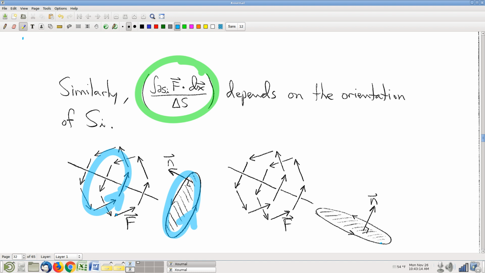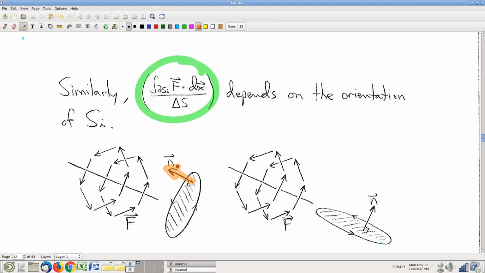That's a hard thing to get our hands on. It turns out a much easier thing is the normal orientation vector of the piece of surface. Notice that those are connected, right? However that boundary is circulating, that's uniquely determined, completely characterized by what direction that normal vector is pointing.